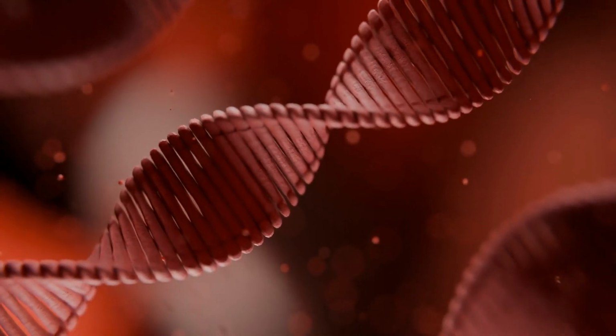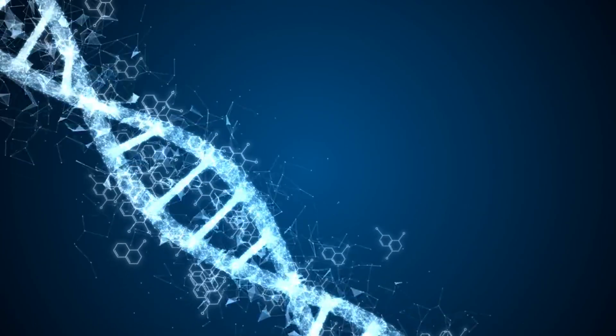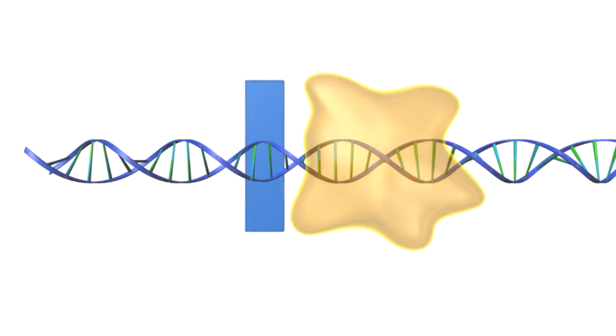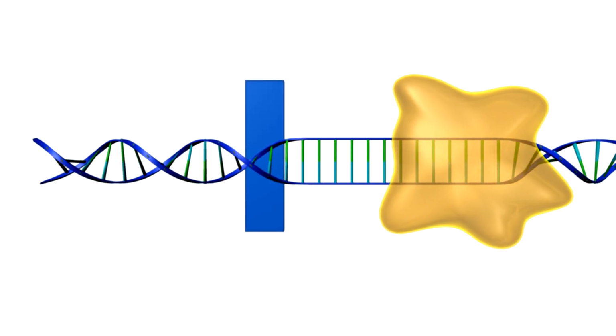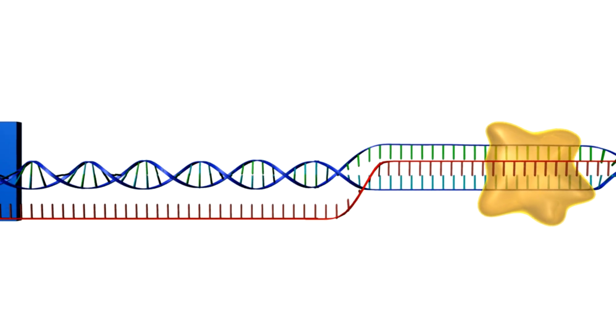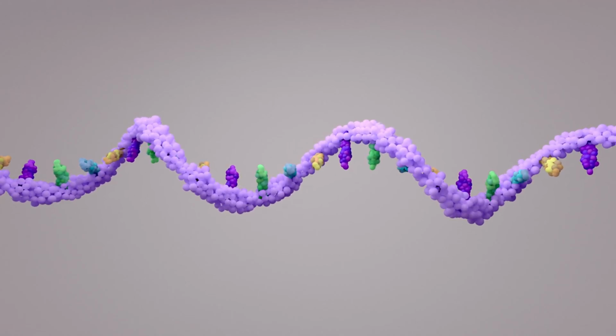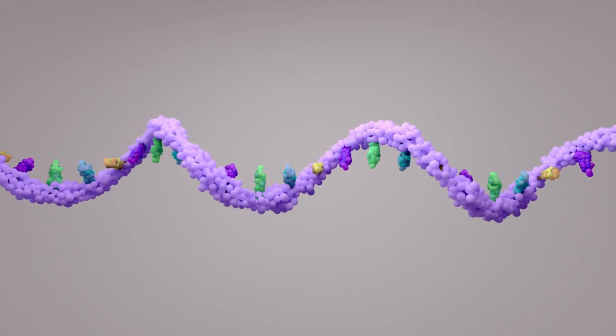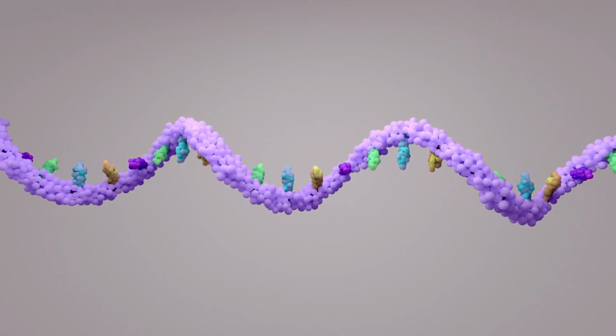DNA isn't just sitting in your cells doing nothing. It's actively at work, determining your traits through a process called gene expression. But how does this work? The process begins with transcription, where a segment of DNA is copied into RNA, a single-stranded molecule. This RNA then travels out of the nucleus and into the cytoplasm of the cell, where it is translated into a protein.